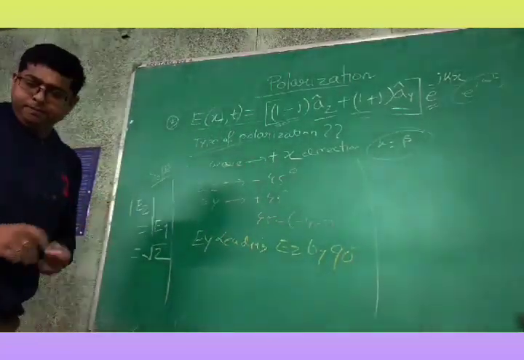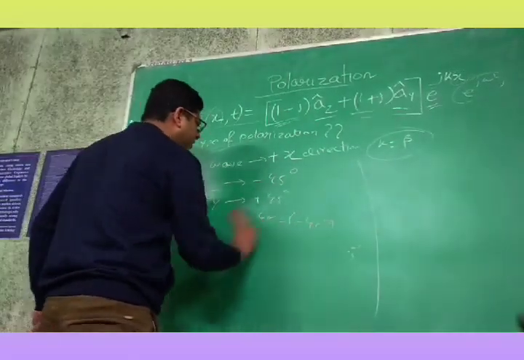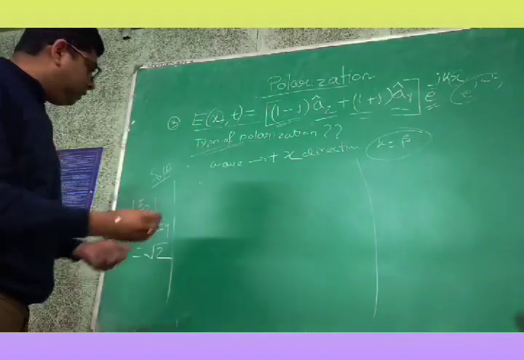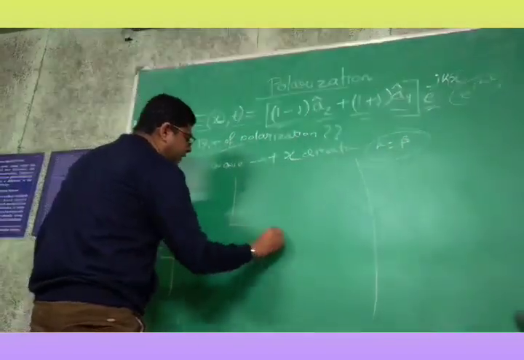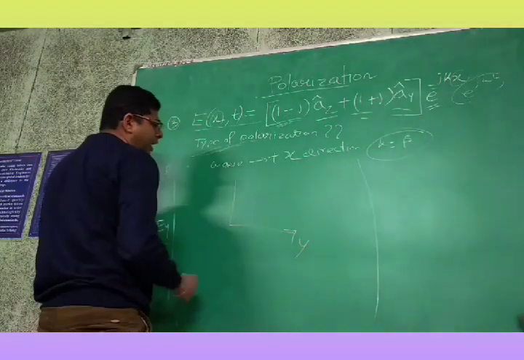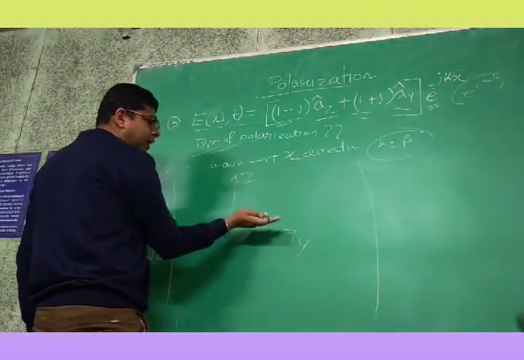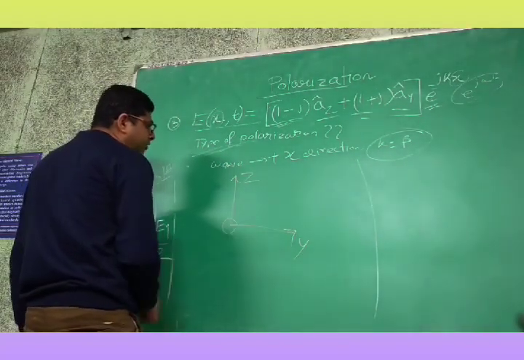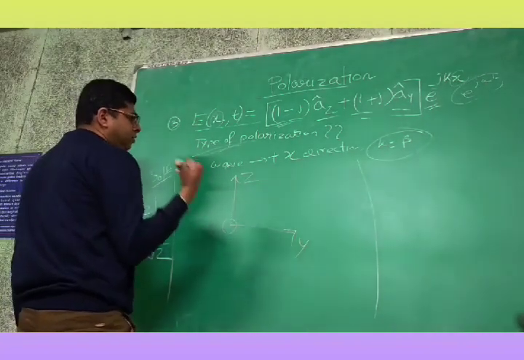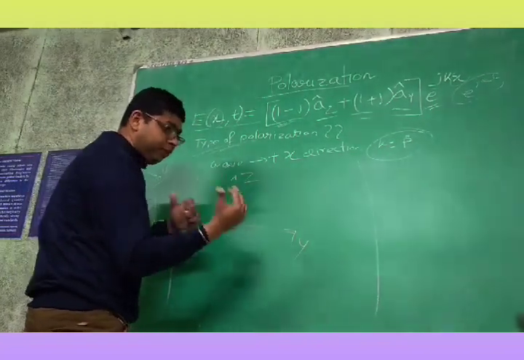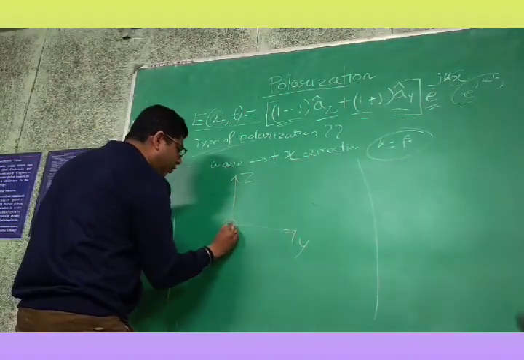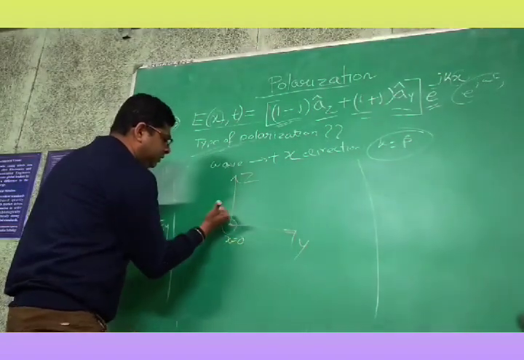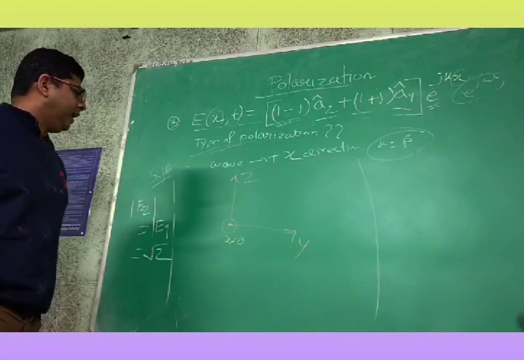Now if we plot, we need to form the coordinate system. Here we have Y, here we have Z, because we generally move from Y to Z. And the direction of X will be outward from the board; this is X equal to 0, the wave direction.